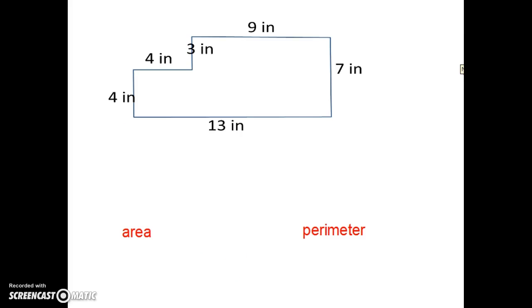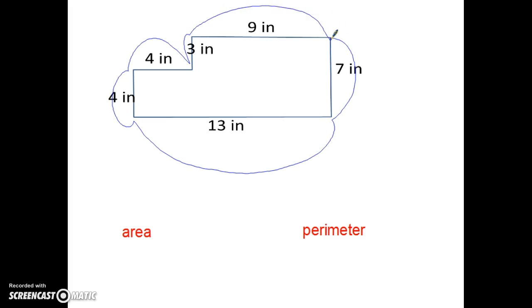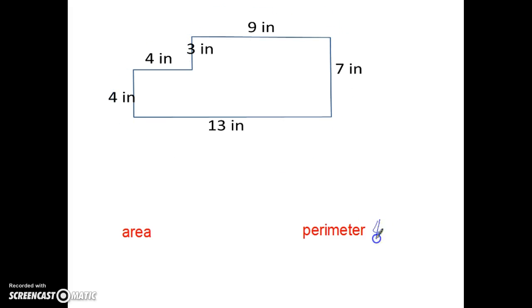Last one. Perimeter. Here we go quickly. Starting here. 7 plus 13 is 20, 24, 28, 31, 40 inches. Now in my area, if you notice, I keep liking to do the vertical cuts. Whatever you do, just get used to doing it a certain way.